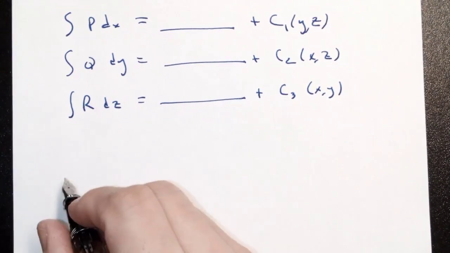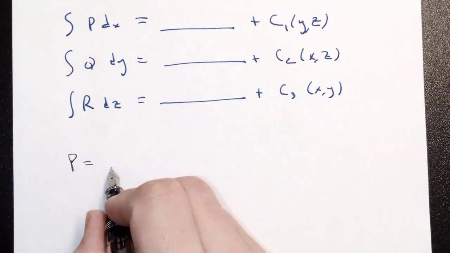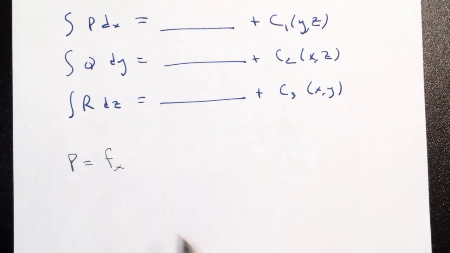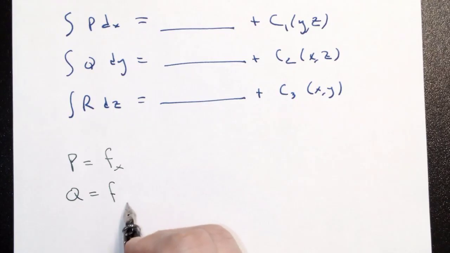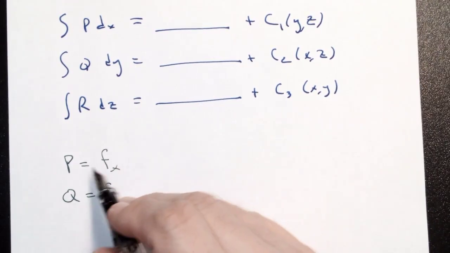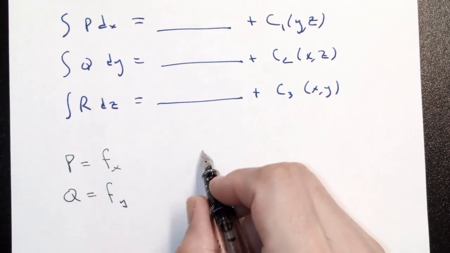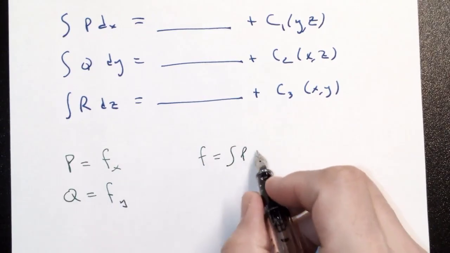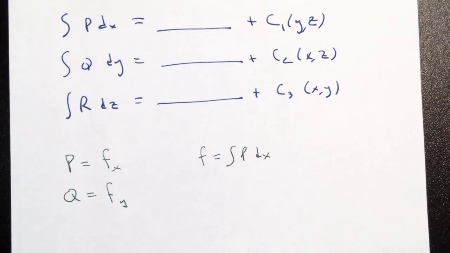Remember, P should be the partial derivative with respect to x, and Q should be the partial derivative with respect to y. So F is the integral of P dx. I get stuff, then I can take the derivative of that.